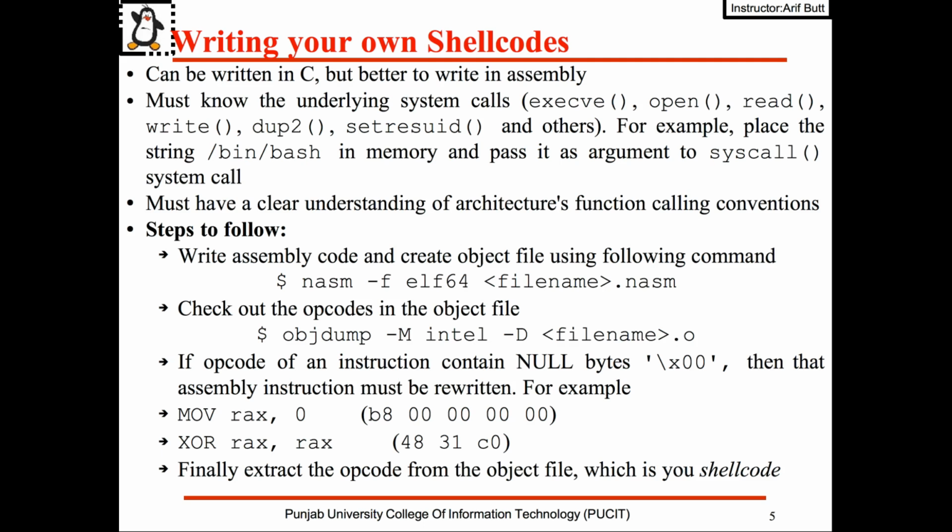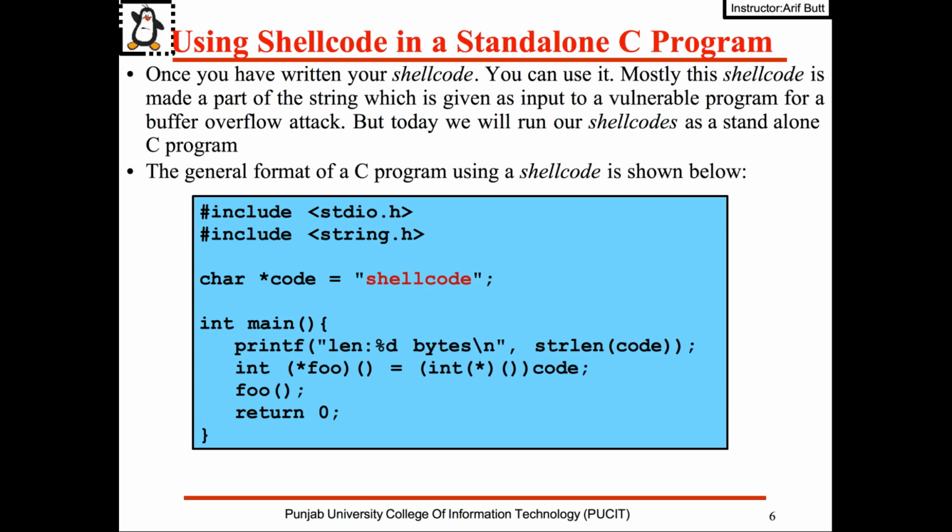We will soon see this. Finally, the generated opcode will be extracted from the object file, and then that is the shell code, which can be used as part of a standalone process, and maybe you can inject that shell code into a vulnerable program.